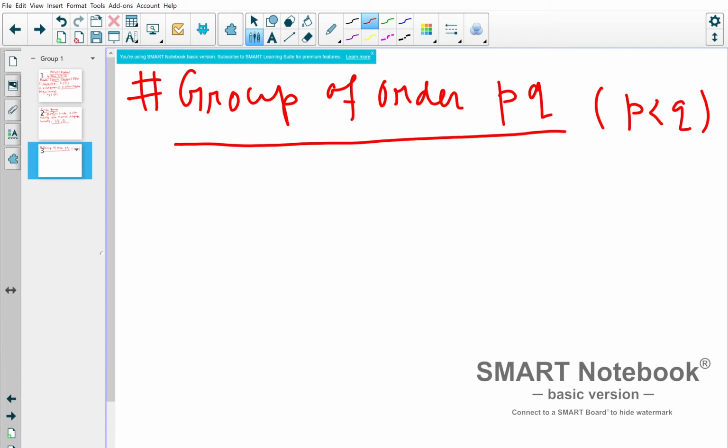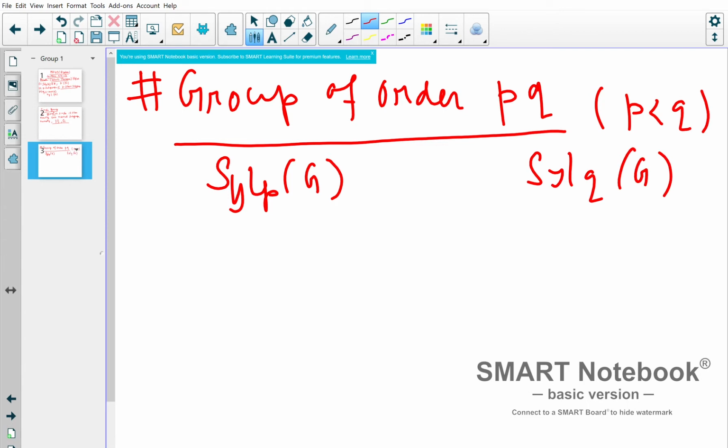Sylow's theorem tells you immediately that the P Sylow subgroups are non-empty, and also the Q Sylow subgroups, since here you have two primes. So G is a group of order PQ, and you have an element inside the P Sylow subgroup and another element inside the Q Sylow subgroup.